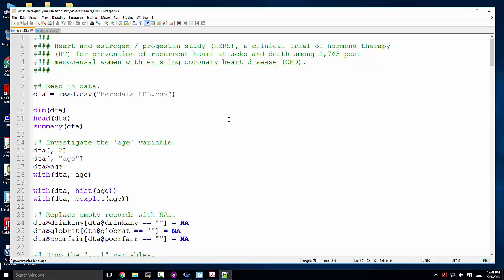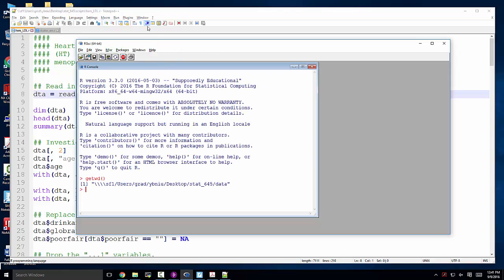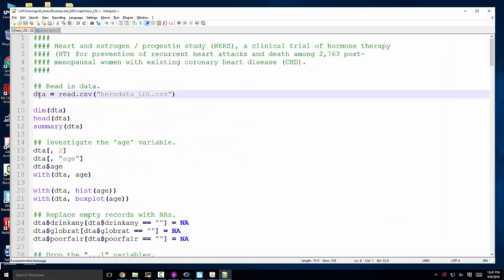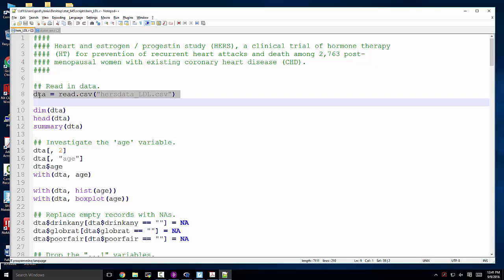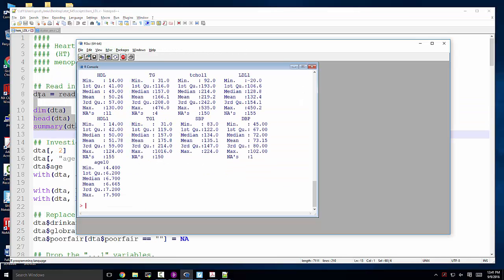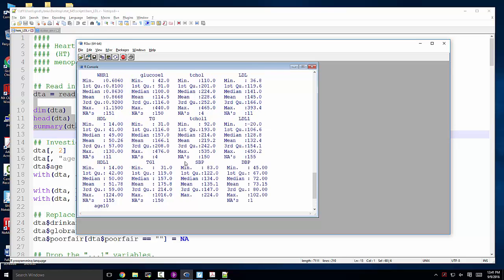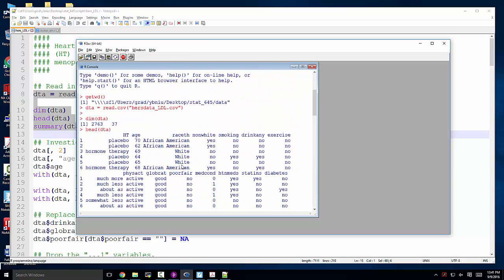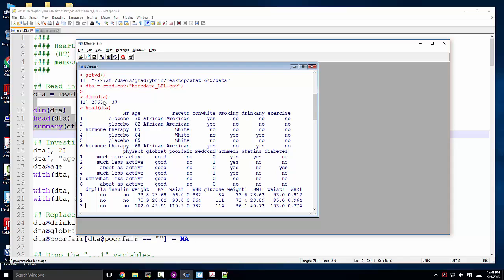Principal components, let's come to one of our data sets and talk about it in the context of the data. So I'm going to look at the HERS data again. And I think we're ready to load this in. So these data, remember, have 2,800 or so individuals.